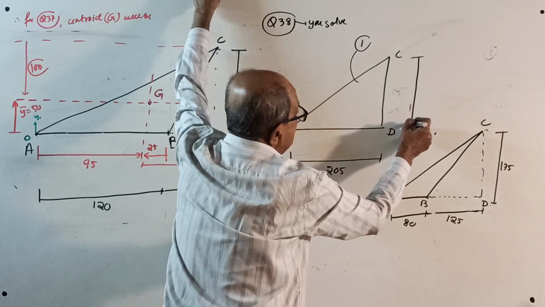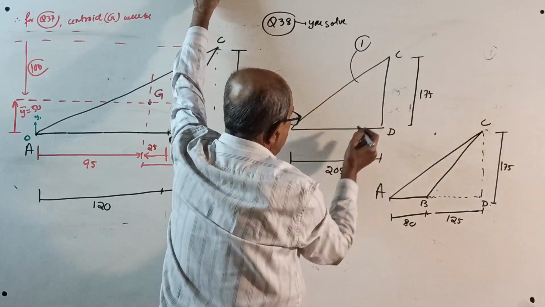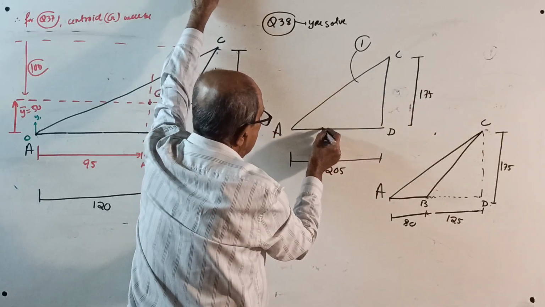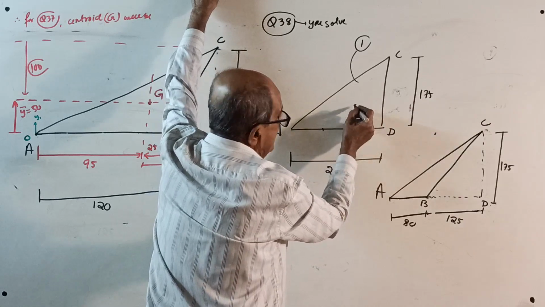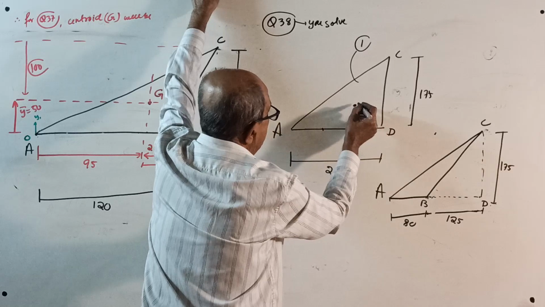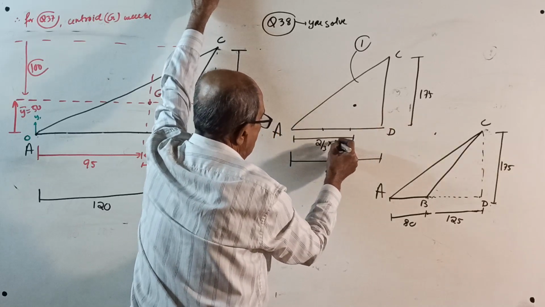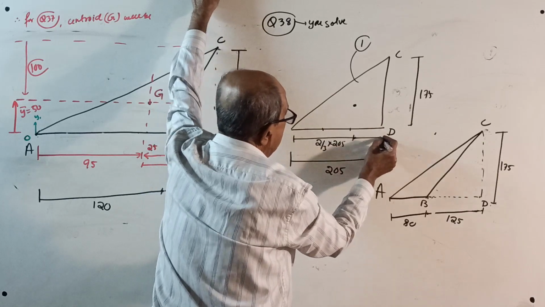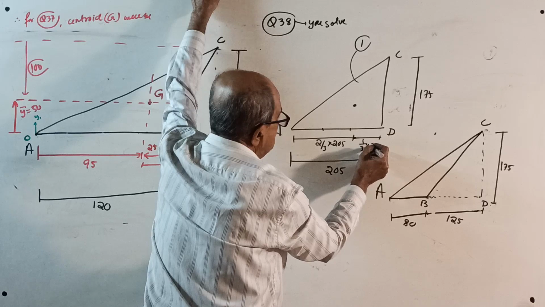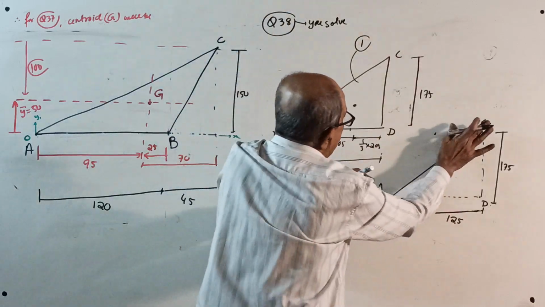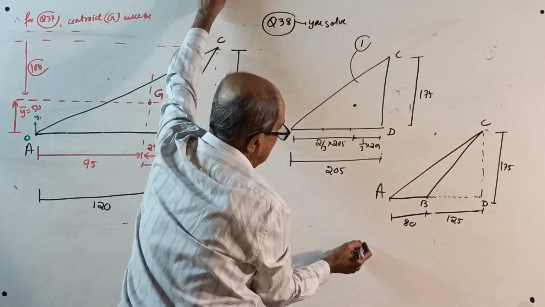Its height is 175. Its centroid will be somewhere here. This is 2 by 3 of 205. This is 1 by 3 of 205. See, full triangle.